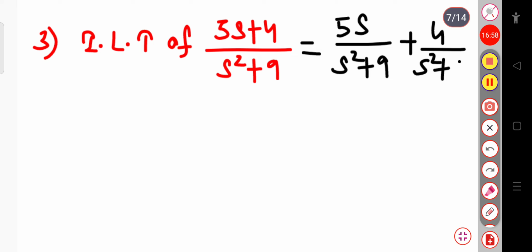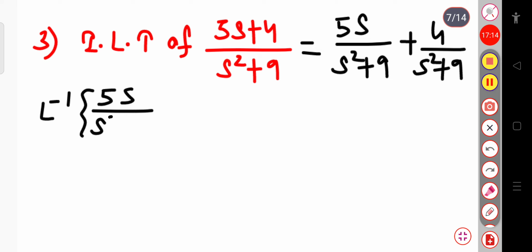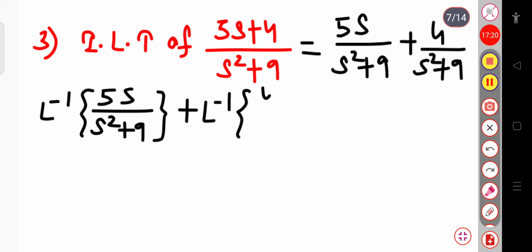So we have to find the inverse Laplace transform of this. Now I will write separately the Laplace inverse of 5s divided by s square plus 9, plus the Laplace inverse of the second term, that is 4 divided by s square plus 9. Now you will check for this first term: this is in the form s divided by s square plus a square.